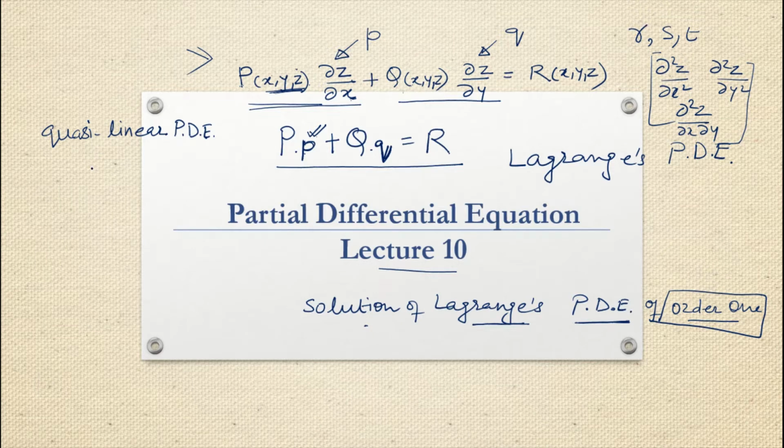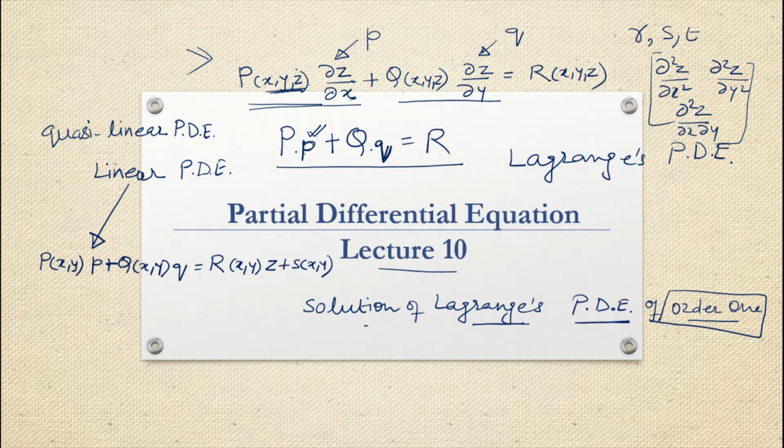So what is the difference between a linear partial differential equation and a quasi-linear partial differential equation? If I write down the general form of the linear partial differential equation, the difference between this form and that form is that here the coefficients of p and q are functions of x and y only.